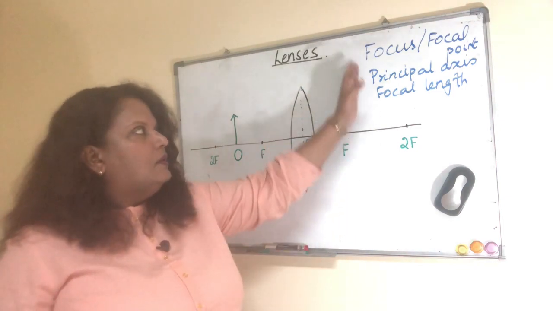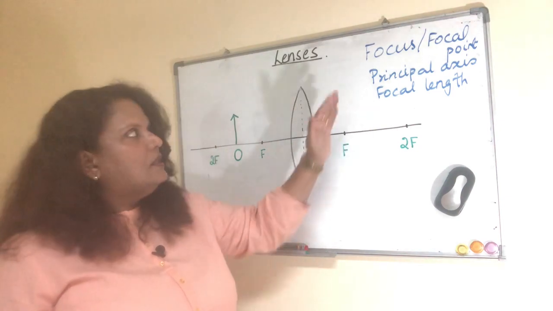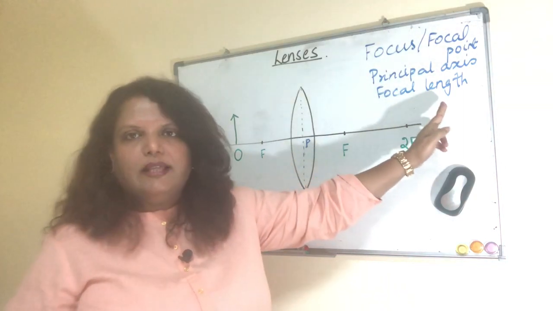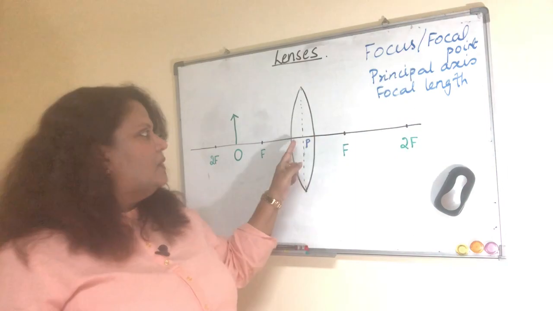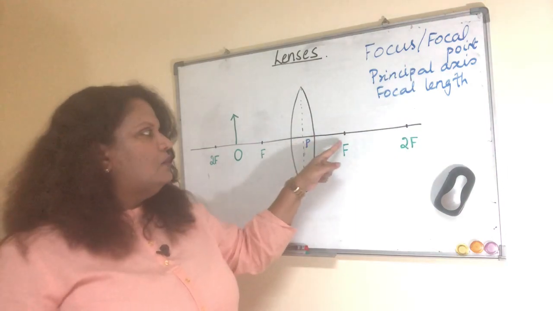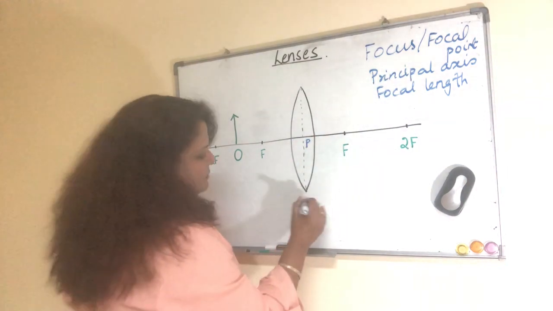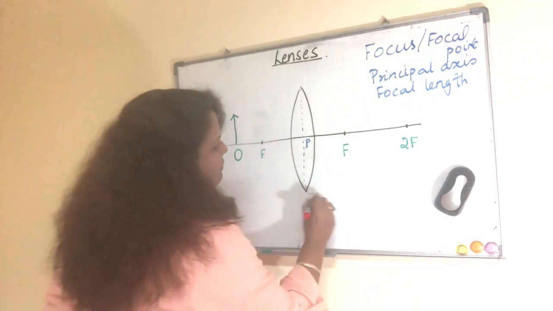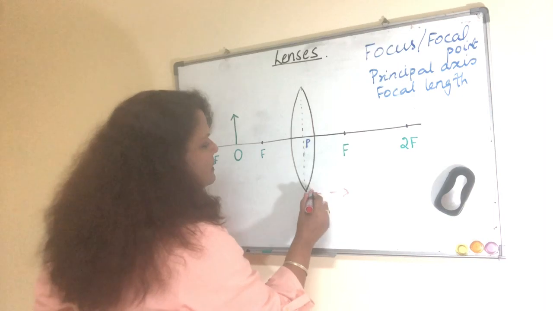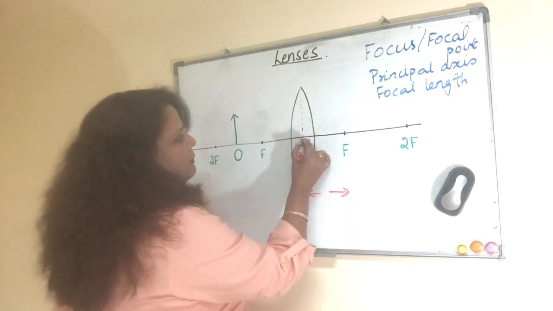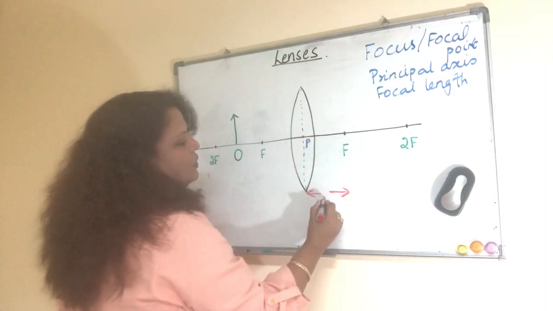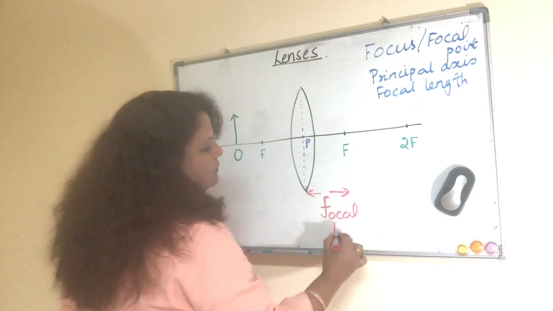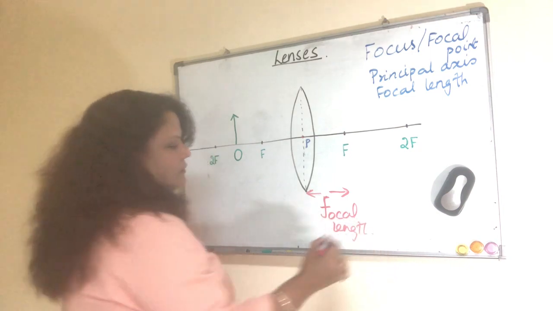Alright. Now these three are some of the terms that are referred to, sorry, I didn't mention focal length. Focal length is the distance from the optic center to the focal point, which means this distance. That is from P to F. That's your focal length.